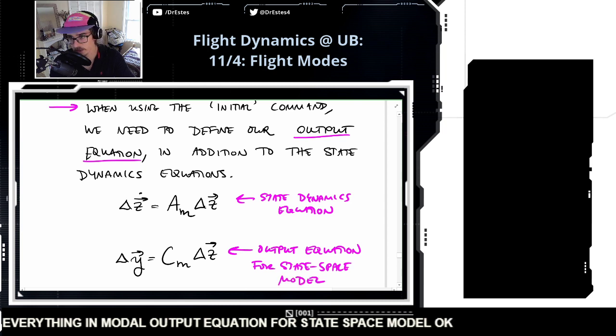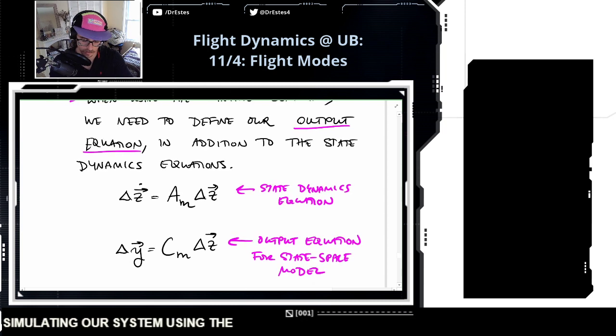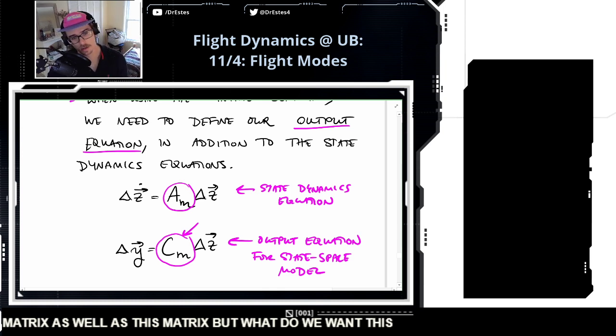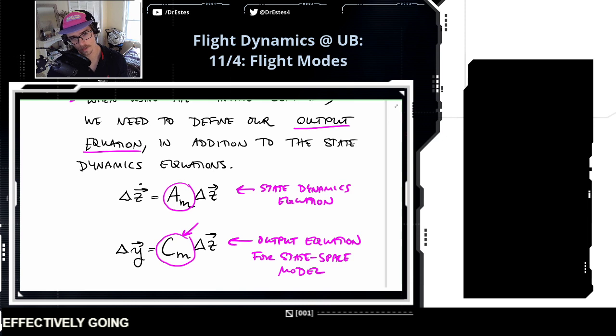Okay, so when we're simulating our system using the initial command, we're going to have to provide this matrix as well as this matrix. But what do we want this CM matrix to be? It's effectively going to pull out the information that we want to plot.